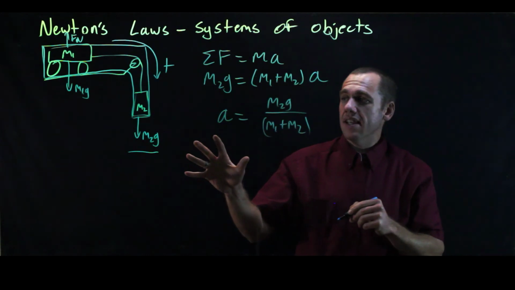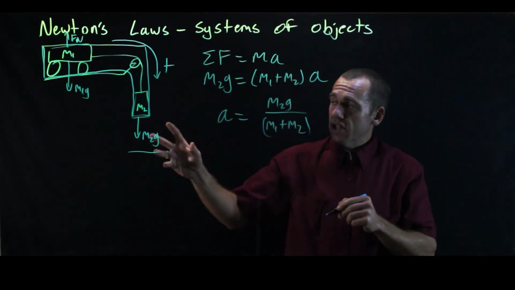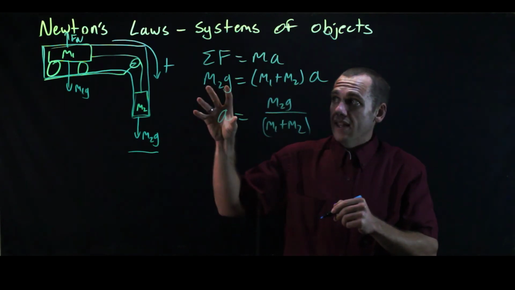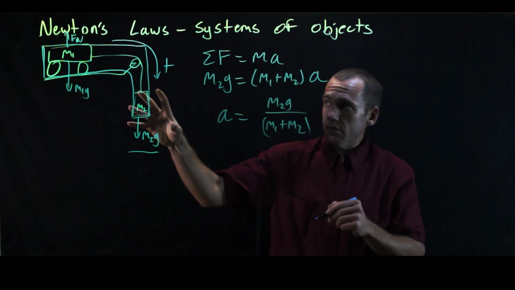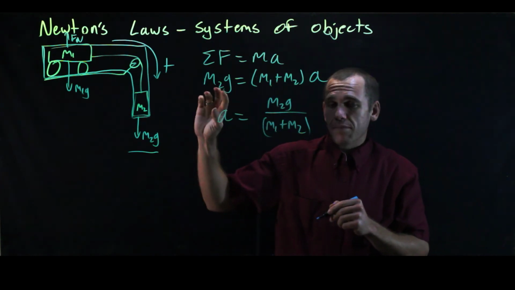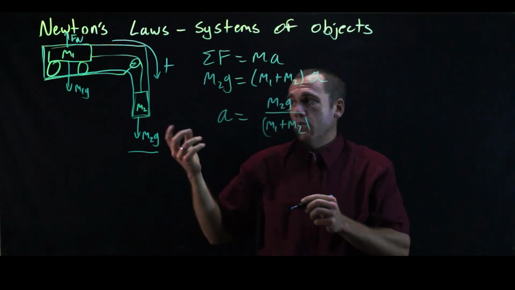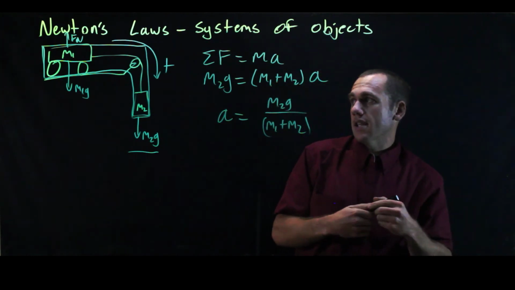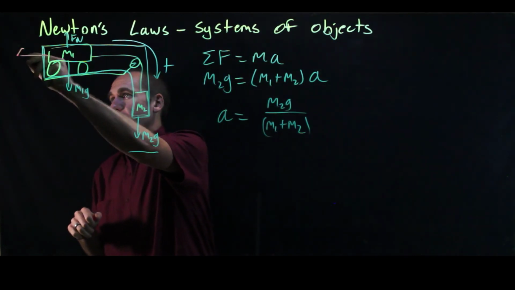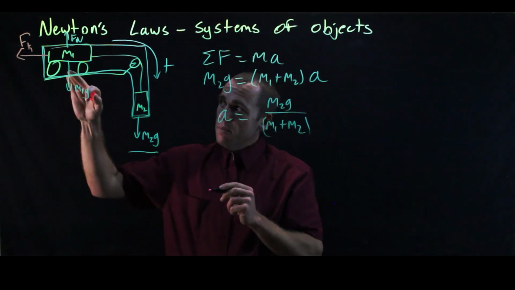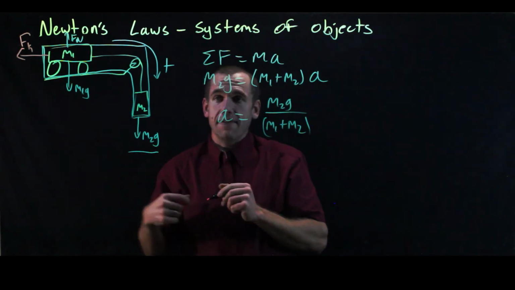That's exactly the same result we got before when we looked at two different objects and the forces acting on them individually. The system approach simplifies the math. You just have to be careful with your directions. What I mean by that is if we had a frictional force acting on this system, say there's a frictional force on the cart, Fk, we would need to account for that. It would be a negative force that we would have to deal with.